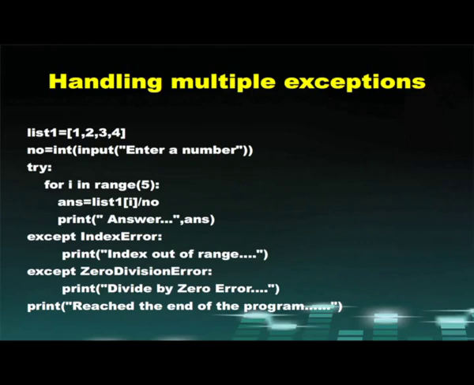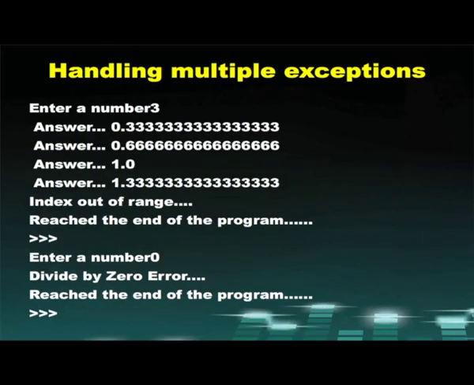For the input, when you enter 0, what happens? And the range is from 0 to 4, but we have only 0 to 3 elements in the list. Try running this program and see what you are getting. So, this is the output you will get if you input 0 for the input number, and when you try to access the element in the list which is not in its range.